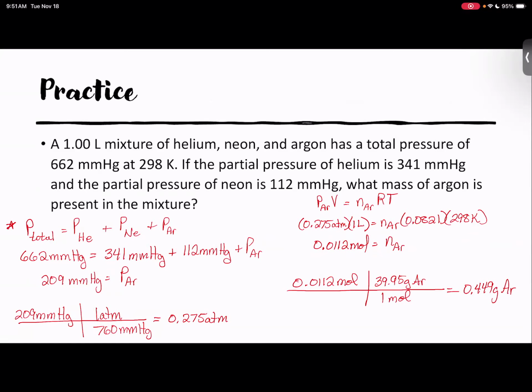You then used the pressure of oxygen gas to figure out the moles of oxygen gas. You had to do some stoichiometry in between to go from moles of oxygen gas to moles of peroxide, but then you would have used the molar mass to get to the mass of peroxide. So a lot of these steps are similar to what you would have used yesterday.